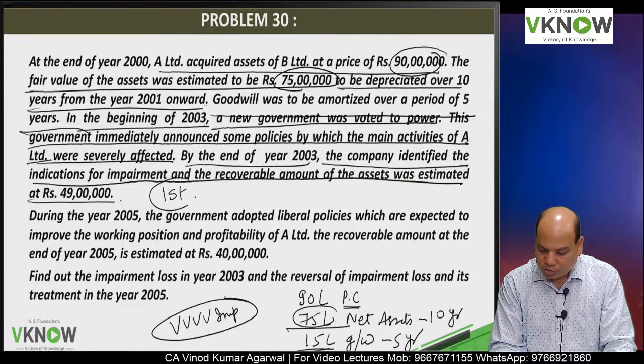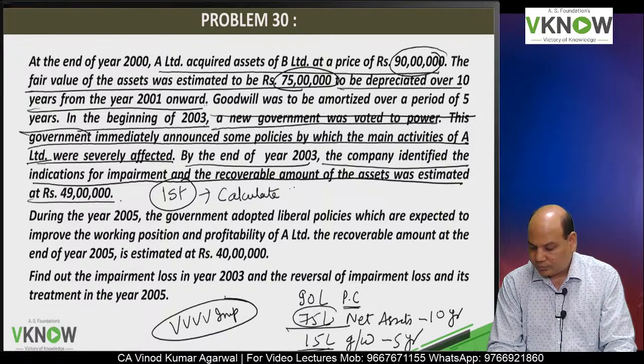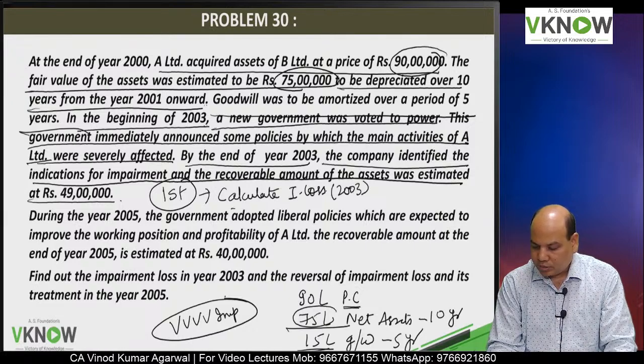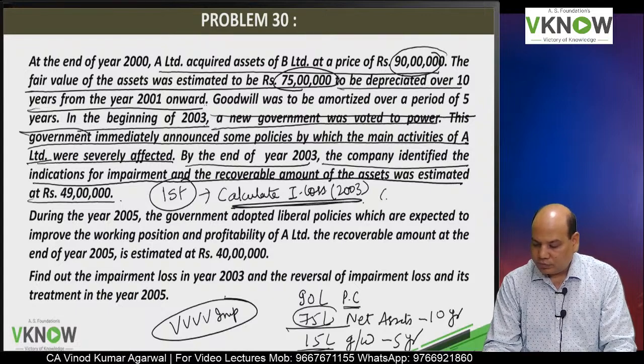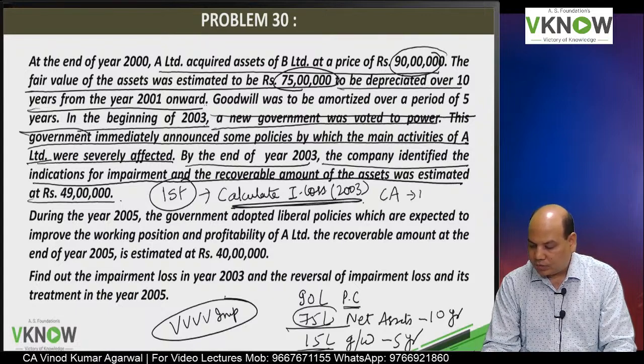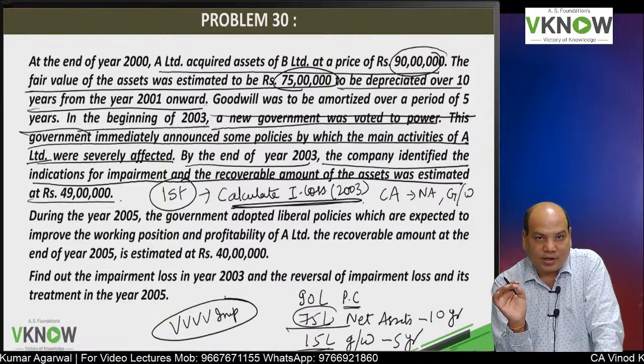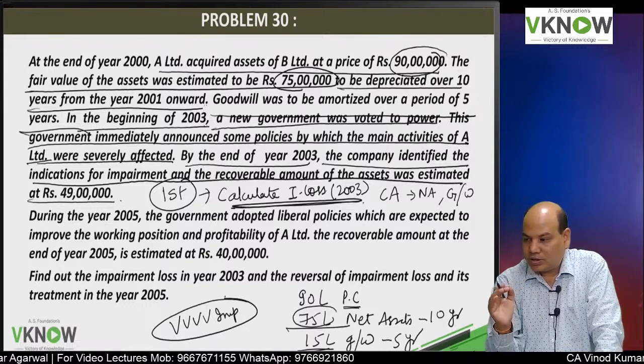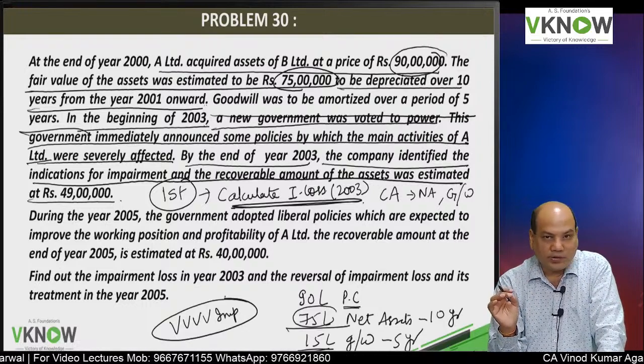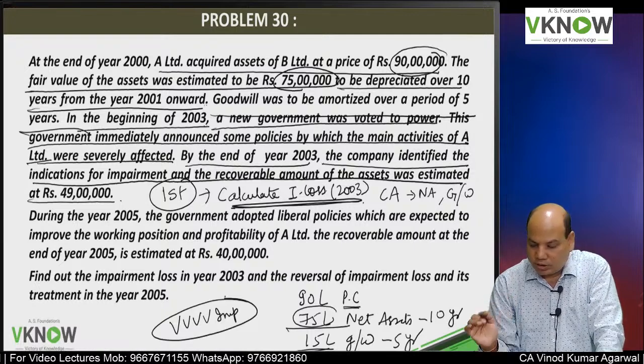So first you have to calculate impairment loss in the year 2003, and for that you will have to find out the carrying amount of net asset and goodwill by depreciating the net asset for 3 years and amortizing goodwill for 3 years.